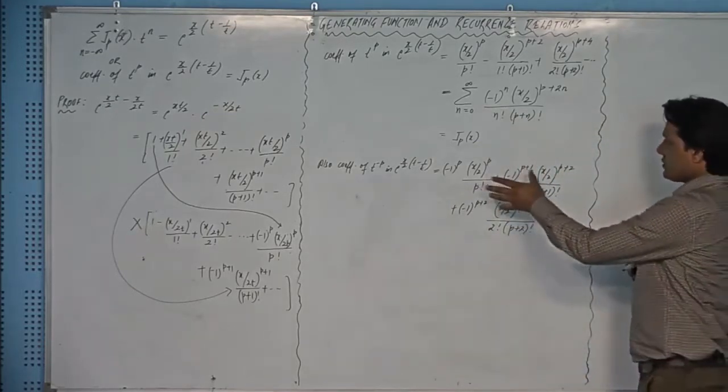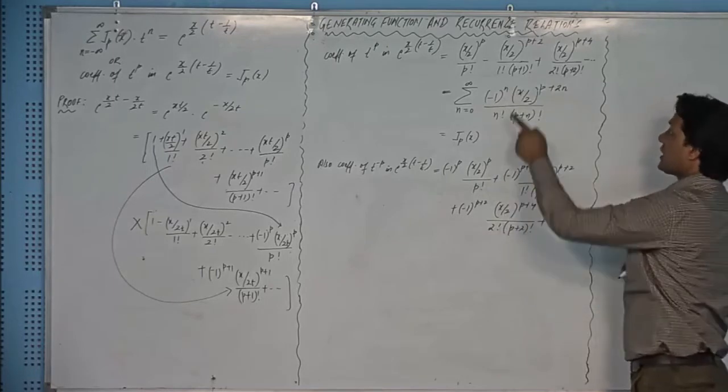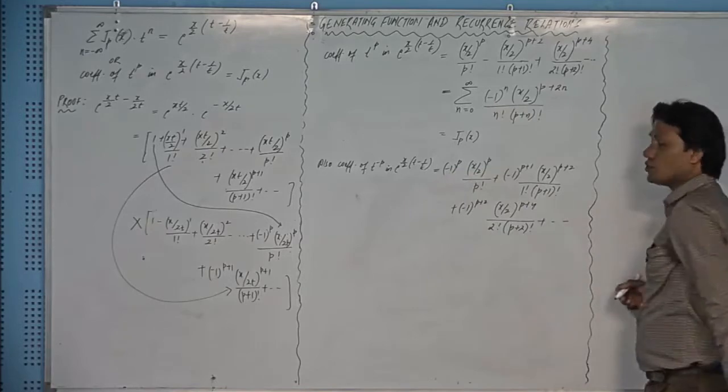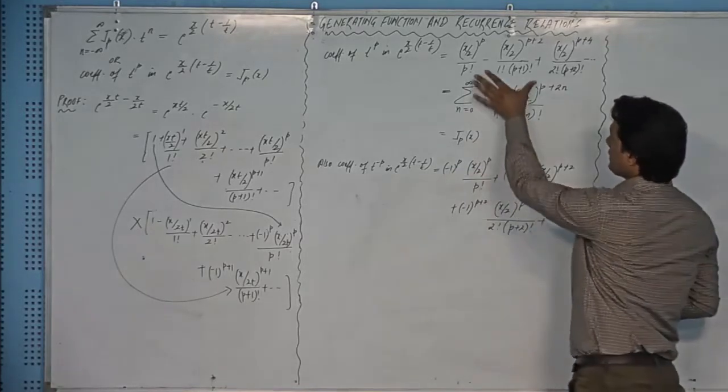And this series looks very similar to the earlier series, except that you have to take something common. Minus 1 to the power p should be taken common in order to get this series, right?